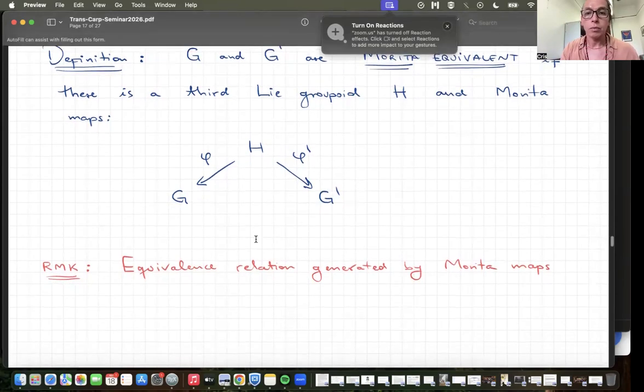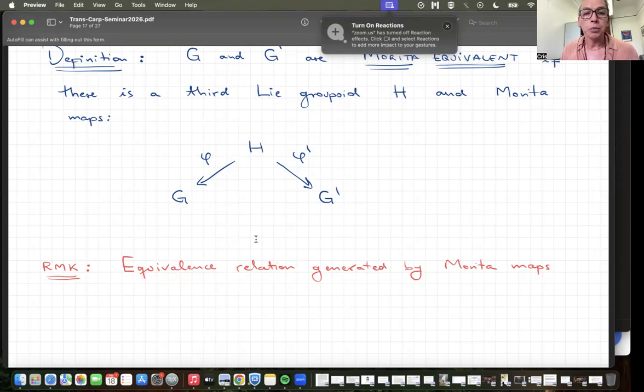Okay. So there is another description of Morita equivalence of Lie groupoids in terms of something called principal groupoid bibundles.